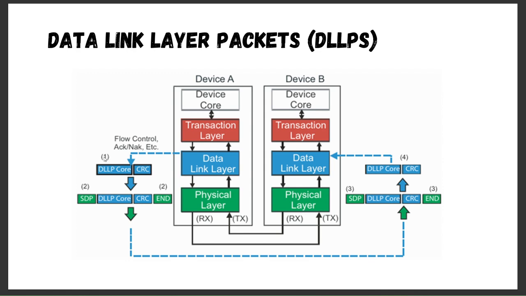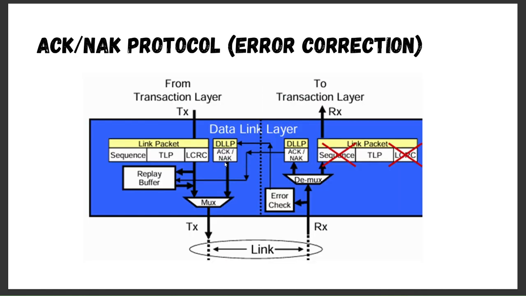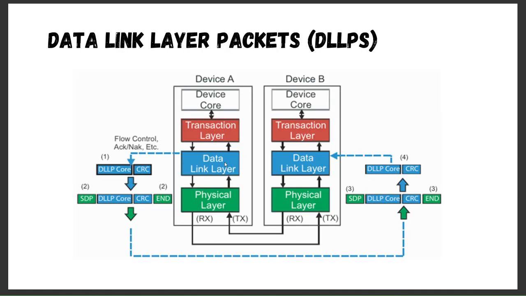And how does assembly and disassembly happen in DLLPs? At the transmitter, the DLLP is created and a CRC is added. As you can see, we add a CRC here. It is passed to the physical layer which attaches additional framing.